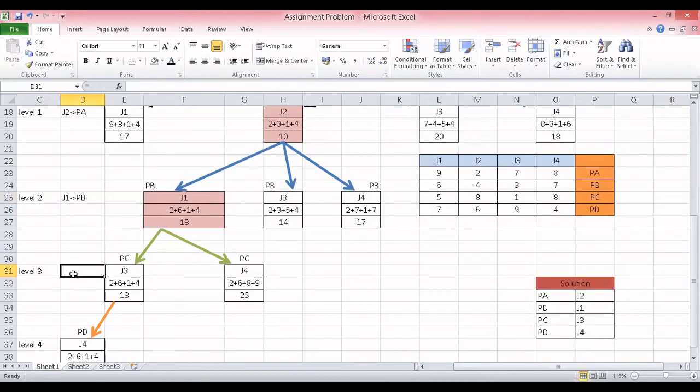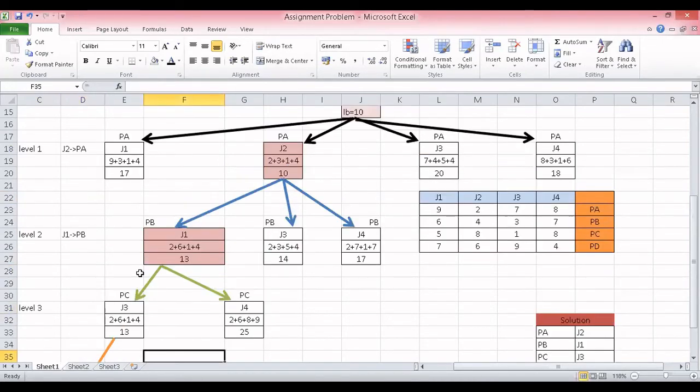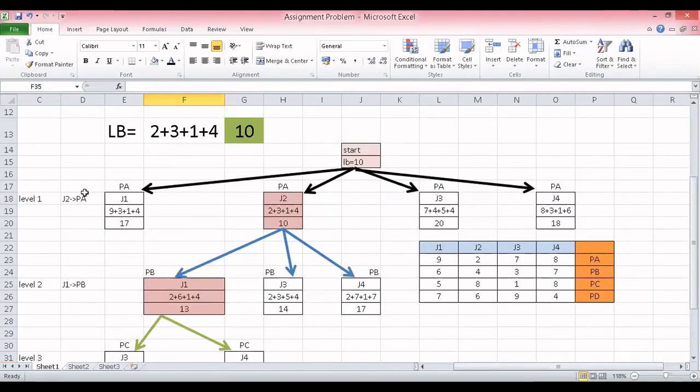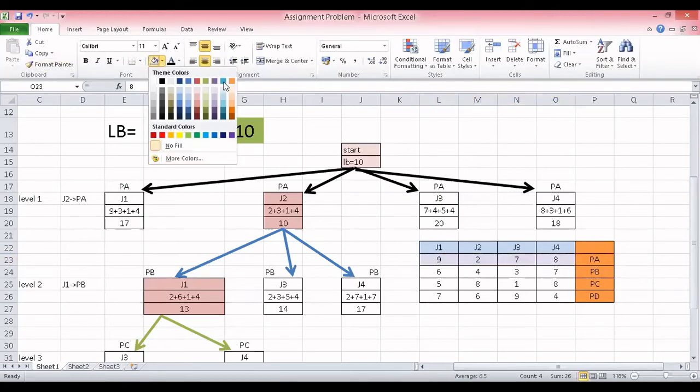Coming to level 3, still I have to find out what I should assign. Now, job 2 and job 1 are already assigned, so don't consider those. And person A, person B also don't consider. So I'll put a purple color so that we should not consider those rows and columns. Person A is over, so highlight with a purple color.